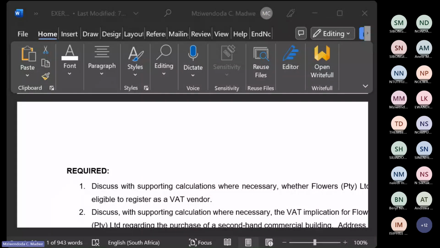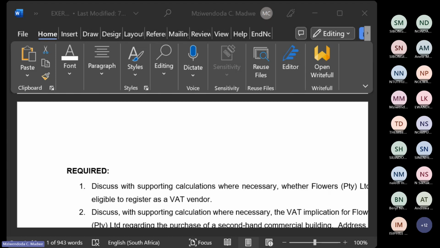But you must be careful here. If you are supplying only exempt items, the items which are set out under section 12, you are not eligible to register as a VAT vendor. But if you are supplying both taxable and exempt supply, you may be allowed to register.